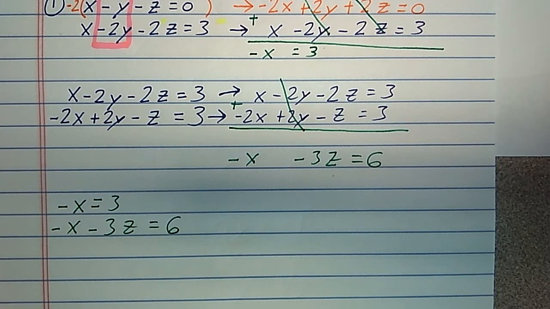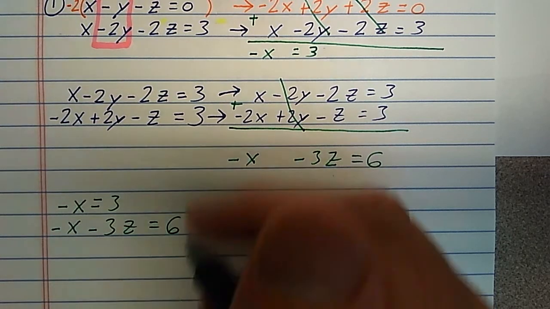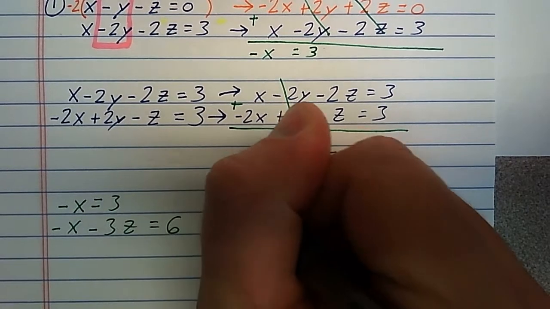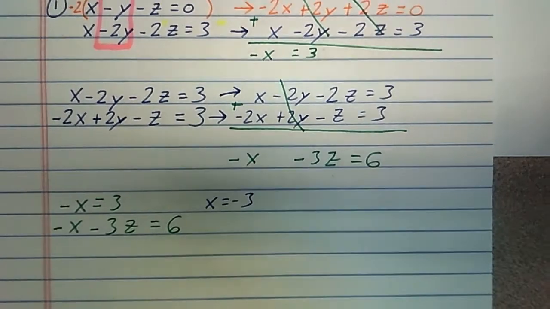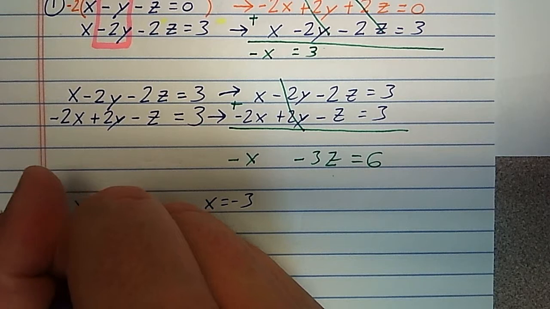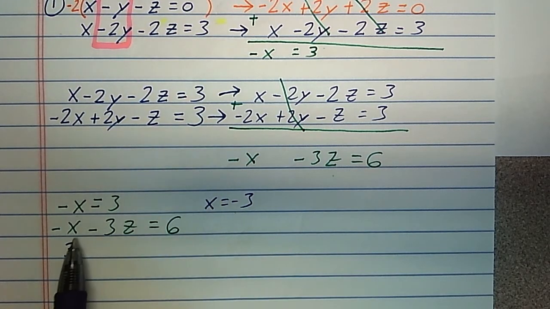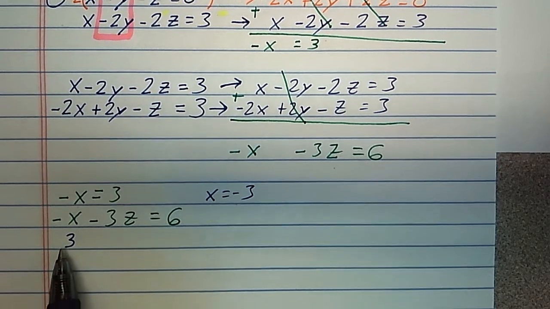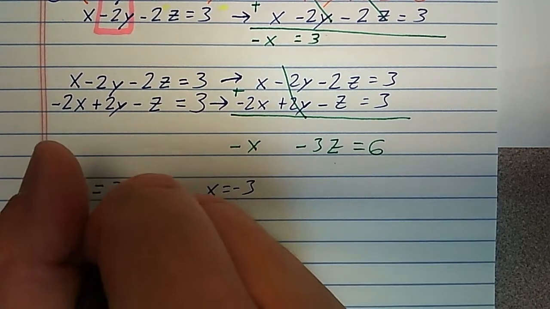Now this one's super easy, so x would be what, -3? See that? Yeah. And then you already know negative x is 3, so you could just replace negative x with 3. Or you could think of it as plugging in -3, negative 3 makes 3. And so I could use that to find z.